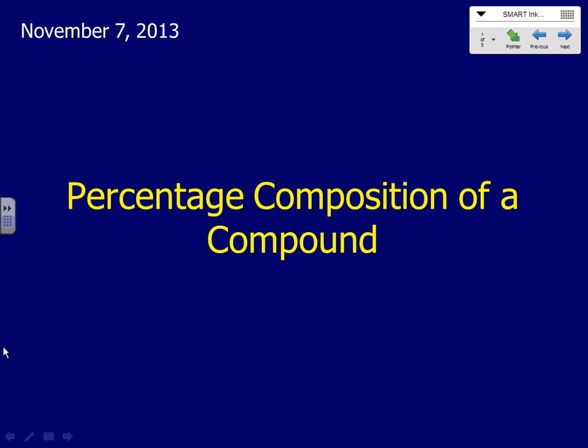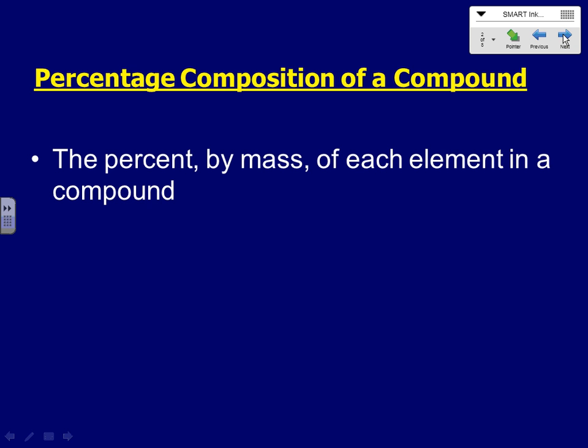All right, so let's first talk about what percent composition is. Well, it's a very straightforward concept. It's the percentage by mass, so we're looking at the mass of each element in a compound.